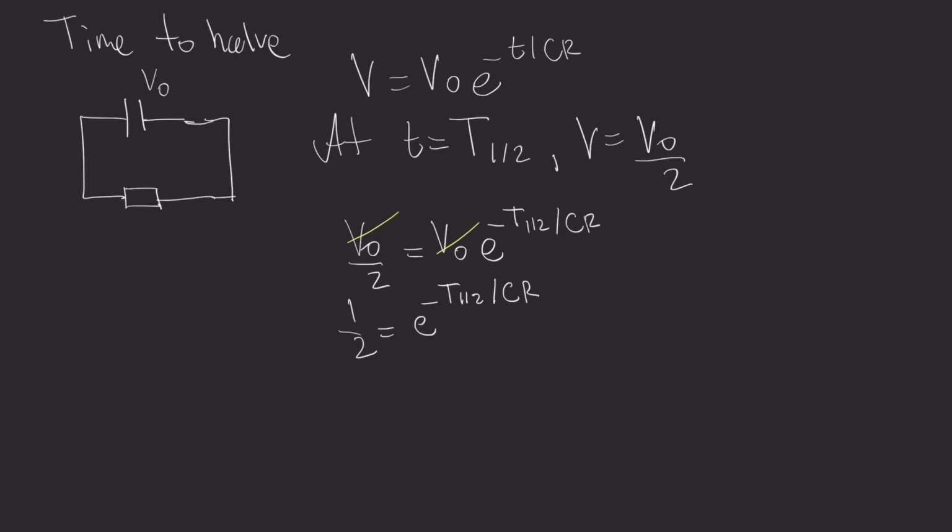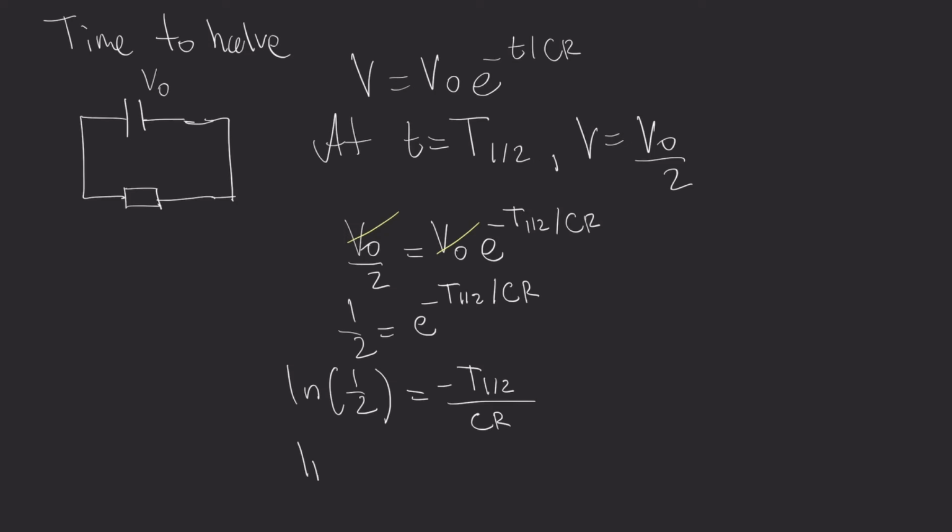Now let's take the natural log of both sides so that we get rid of the exponential. So it's going to give me minus T half over CR. This is just a subscript for the halving time, by the way. Now, due to the properties of logarithms, if we multiply both sides by -1, the negative sign will actually flip the fraction inside of the logarithm.